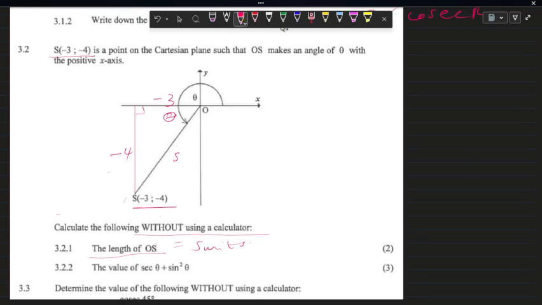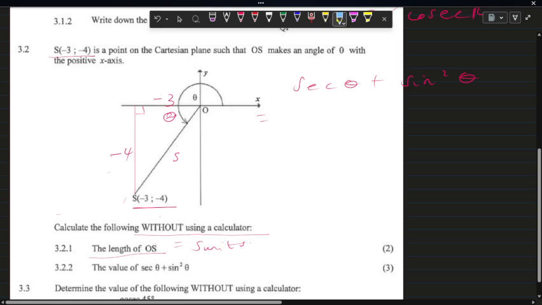Okay, so now they want us to determine the value of sec theta plus sine squared theta. Okay, let's see. Sec theta plus sine squared theta. Now, this we can determine from our diagram, obviously.